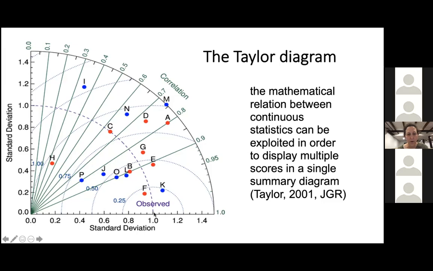The distance from the number one, where it is written observations, is the circles that you see here. These are the mean squared error. And along the dashed line, this is the ratio of the two standard deviations. For example, the point D has a ratio larger than one, so it means that the forecast has a larger variance than the observations. Instead, for the point H it is the reverse. So this is a good plot when you want to compare many different experiments of your forecast at a glimpse, and you want to see what the differences between them are.